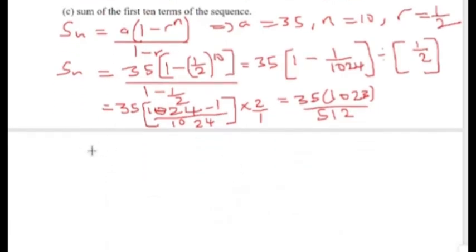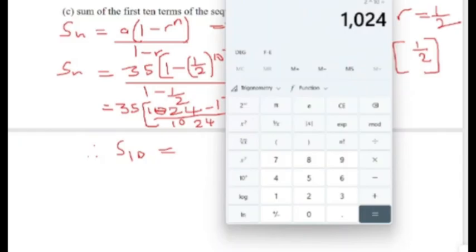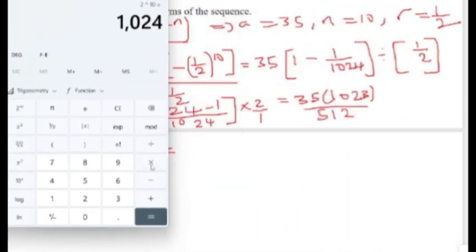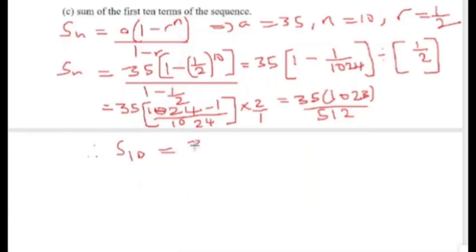So therefore x10, the sum of the first 10 terms, is equal to 35 times 1023. Let's quickly evaluate that. 35 times 1023 is 35,840... 35,840 divided by 512.